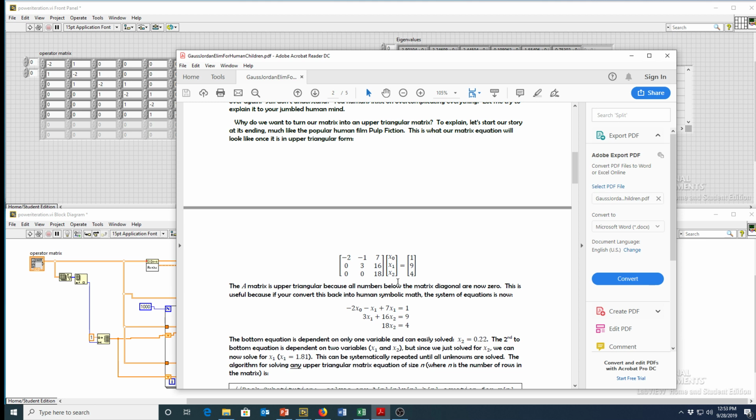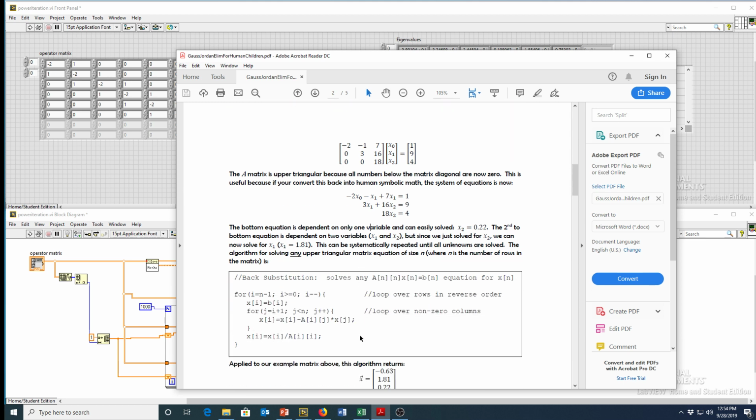Well, because then if you write it back in the form of a set of linear equations, your bottom row is an equation that only has one unknown. Your next to bottom row has two unknowns, but one of them is the unknown you could solve for in the bottom equation. And so therefore you could solve for x2 here, substitute it into this equation to solve for x1, substitute x1 into this equation to solve for x0. That should actually be an x0. That's a typo, sorry.